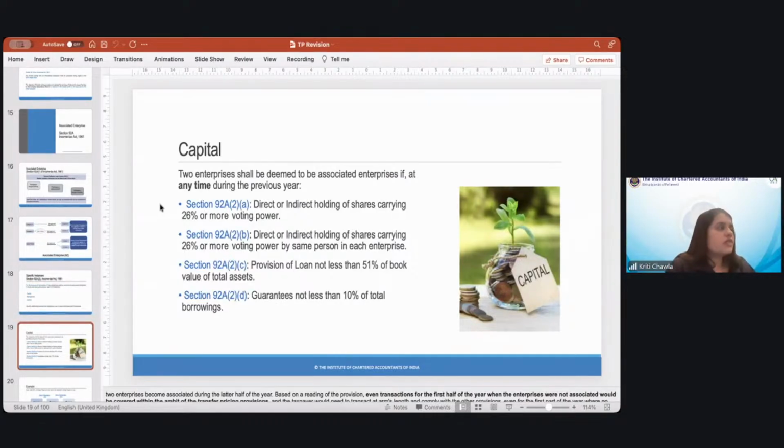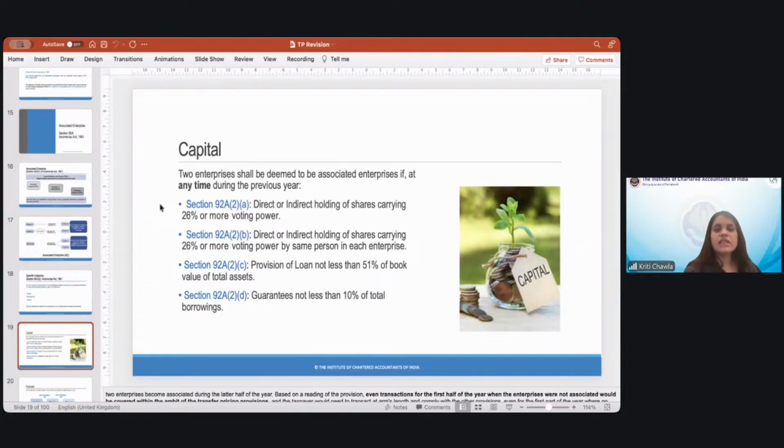A lot of things that you have to keep in mind from an examination perspective in this particular clause is that they say direct or indirect holding. So direct holding and indirect holding both count. The second thing that they talk about is voting power. How does voting power come into existence? Through holding equity share capital. Preference share capital does not count here. So if one enterprise holds more than 26% share capital in the other enterprise, then they will be associated to each other.